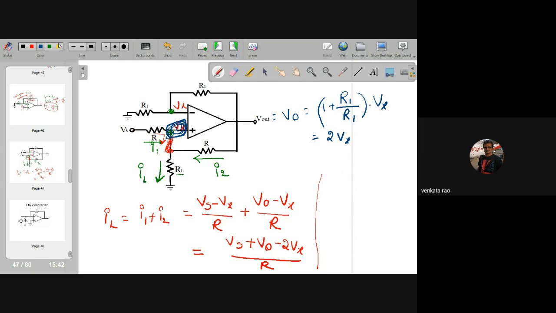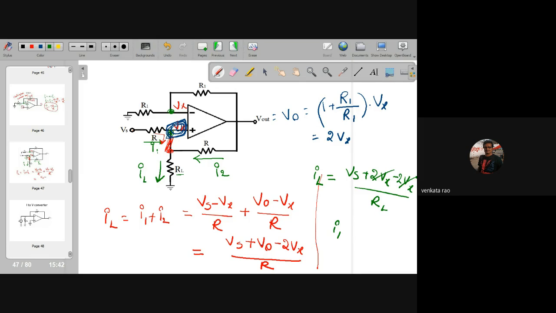So now we can write load current IL is equal to Vs plus V naught minus 2Vx by R. V naught is 2Vx, so 2Vx minus 2Vx will cancel.